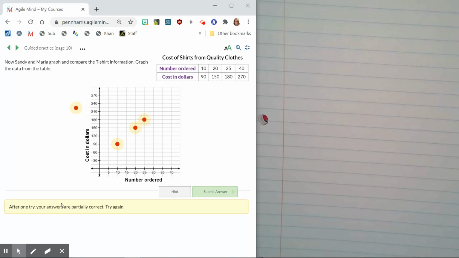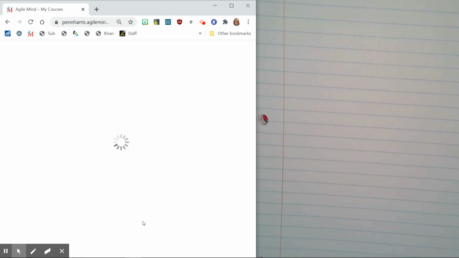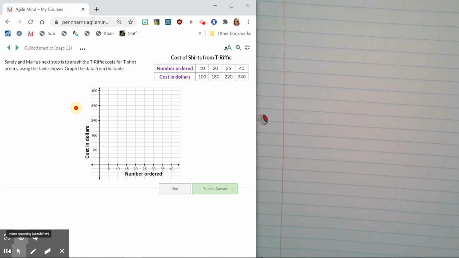Number 11. So this time we're going to graph Terrific Tees cost. So with that, if we order 10, it costs us $100. So we got to go, it looks like 20, 40, 60. We're going to go about there.